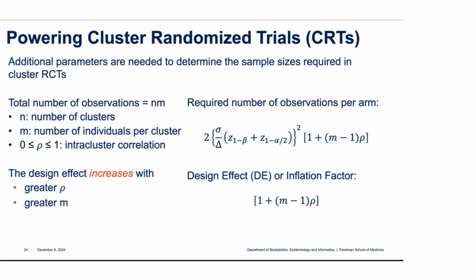As the number of individuals per cluster increases, yes, your power goes up, but it goes up less as M gets bigger, and it'll eventually plateau to where you're not getting additional power for adding additional individuals per cluster. So at some point, you will just have to add more clusters, and you won't be able to get around that.